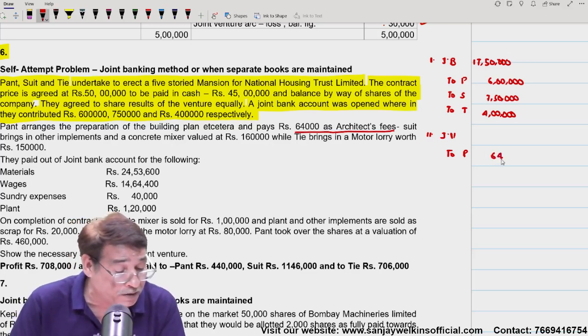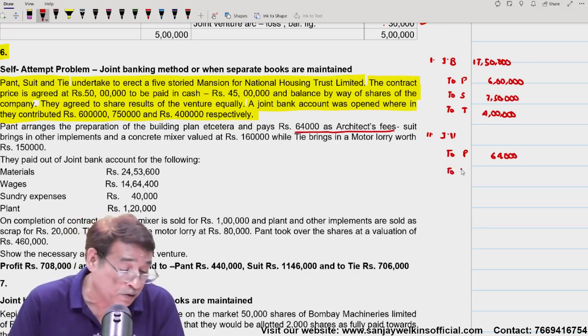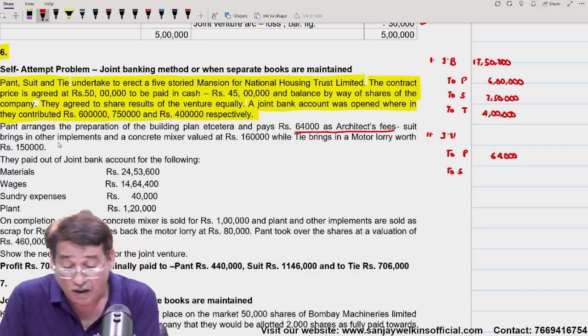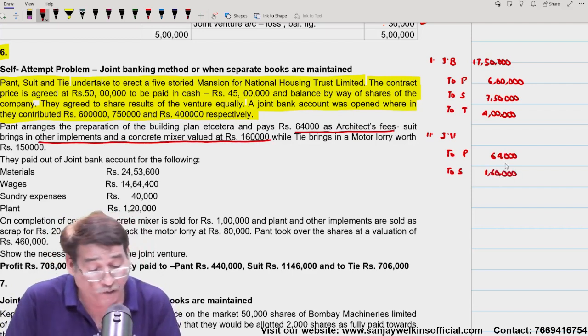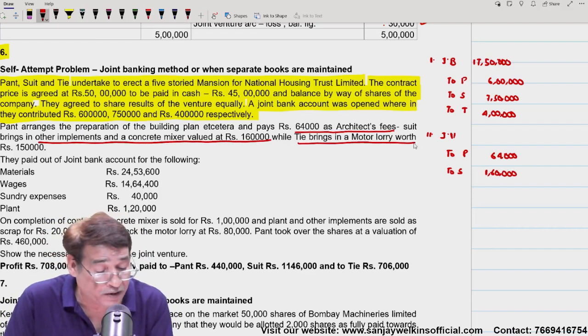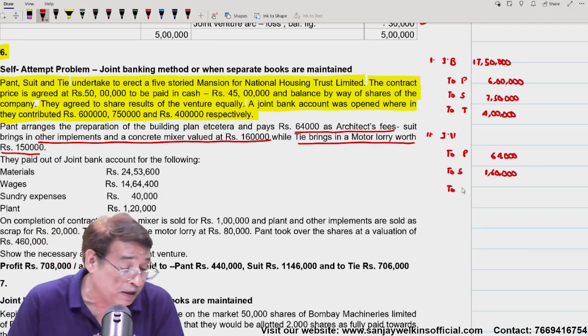You are going to write 64,000. Similarly, Suit also brings in other implements and concrete mixture valued at 1,60,000. So for the joint venture he is bringing some concrete mixture, 1,60,000. And Tie brings in a motor lorry worth rupees 1,50,000.